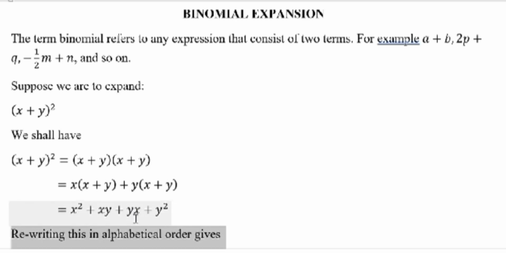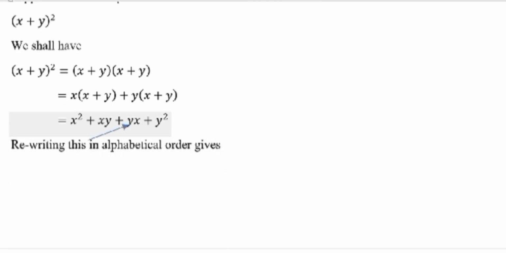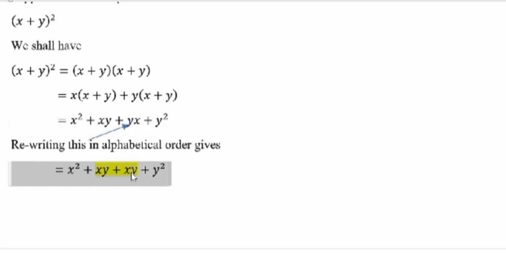The expression will be x squared plus xy plus xy, then plus this y squared.